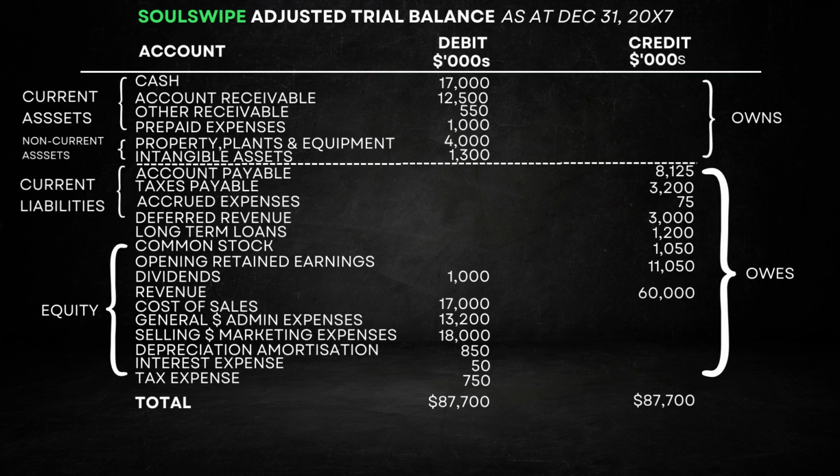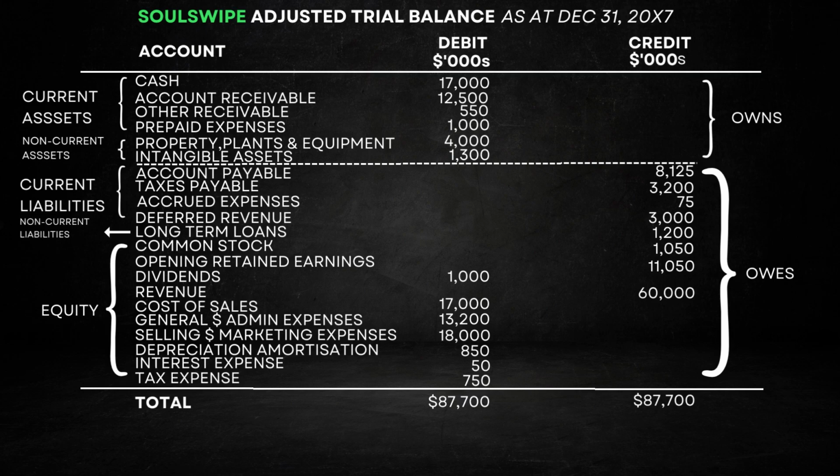Moving on to liabilities, we'll divide them into current and non-current as well. Current liabilities are obligations that SoulSwipe expects to settle within a year and include accounts payable, taxes payable, accrued expenses, and deferred revenue. Non-current liabilities are long-term obligations like long-term loans, which SoulSwipe anticipates repaying over a period longer than a year.